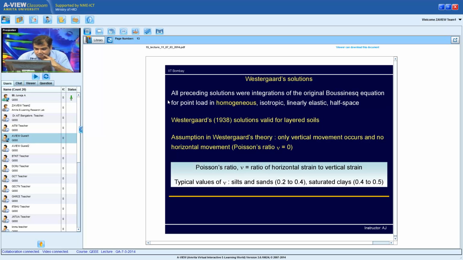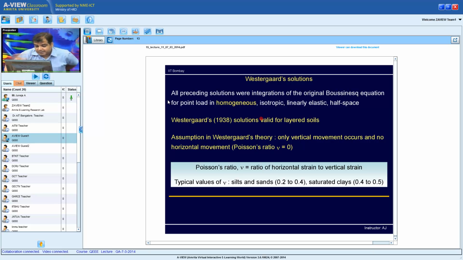It'll just confuse you. Westergaard is again based on similar principle as Boussinesq, so it's also based on theory of elasticity. The only difference in Westergaard and Boussinesq's theory is that Westergaard takes layered deposit. So it's excellent if you take an example of varved clay. Varved clay is layered deposits of clay and silt.